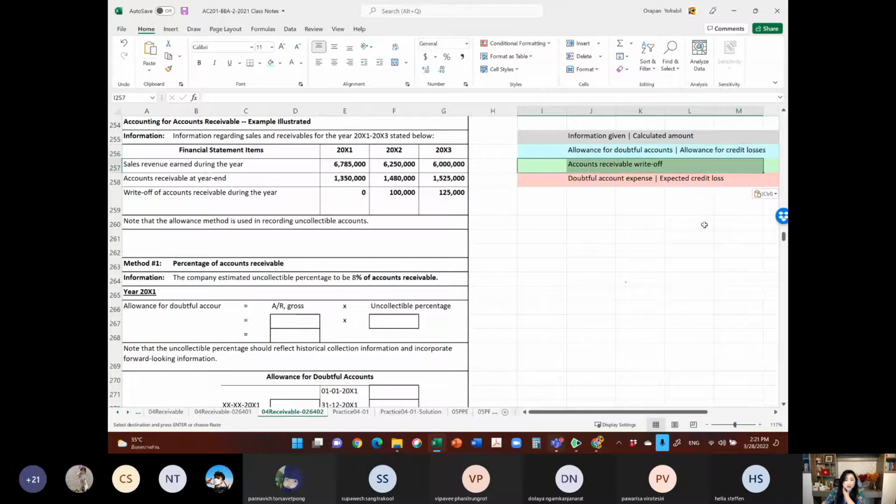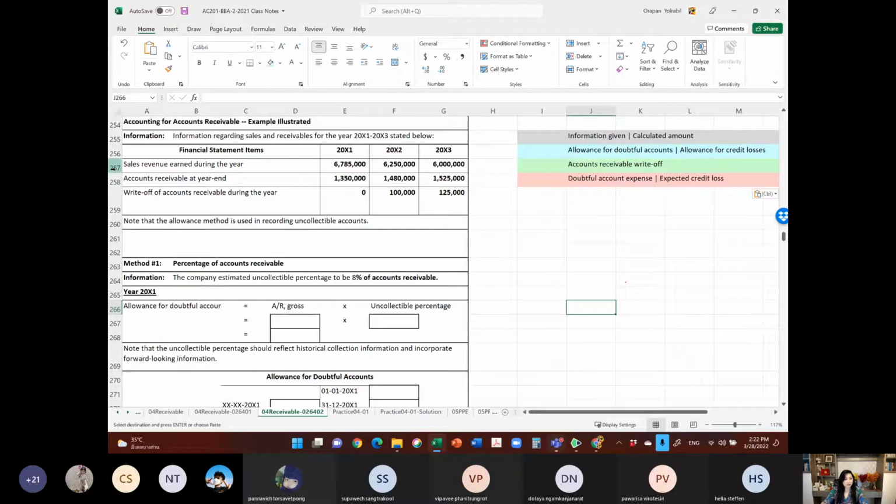And then when I use green, it would be for the accounts receivable write-off. And then when I use red, that would be the amount of the expense that you have to calculate.